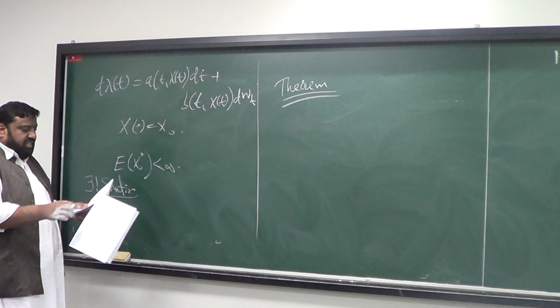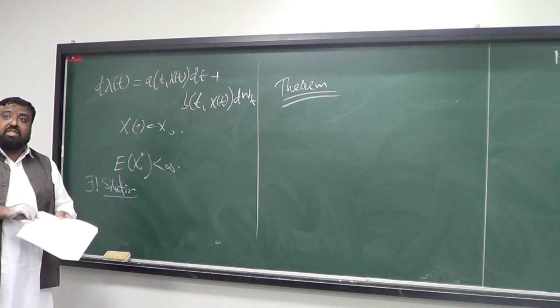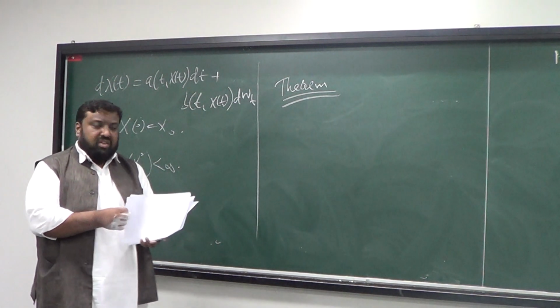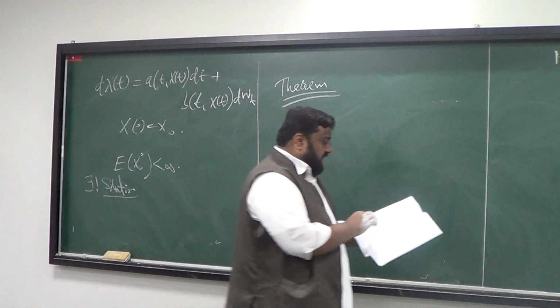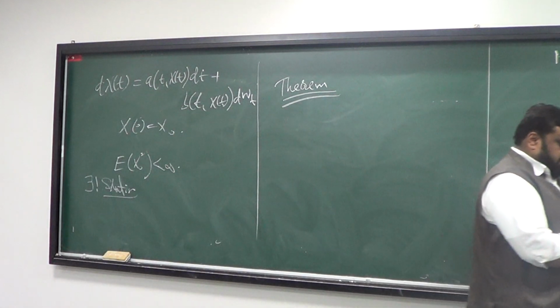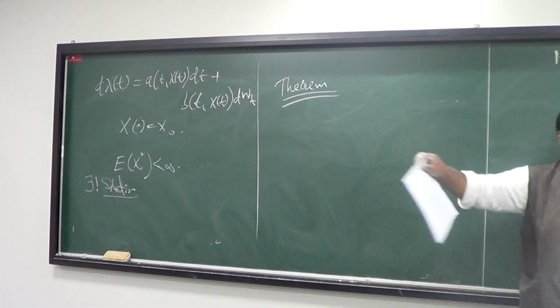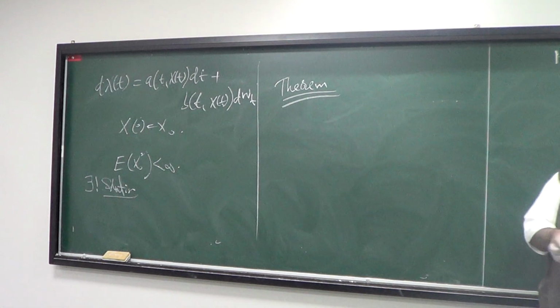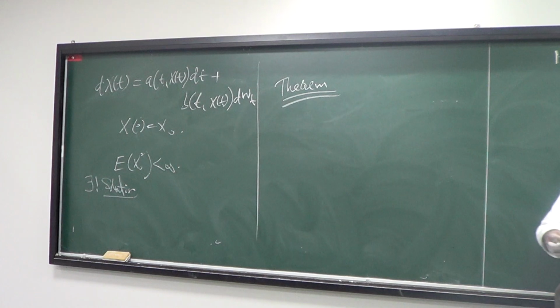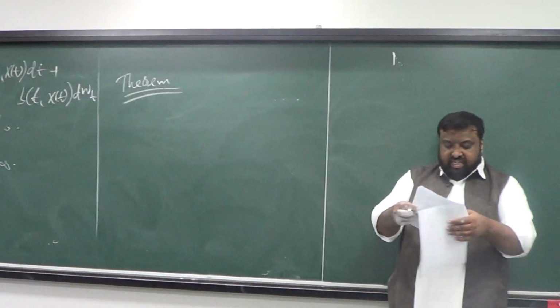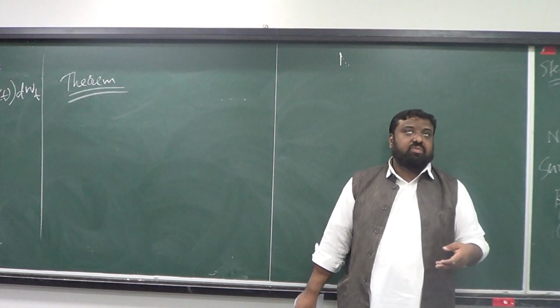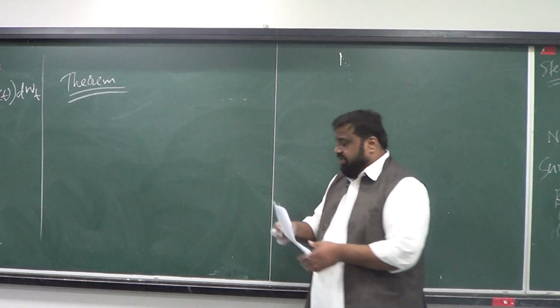This solution satisfies some uniform estimates actually. Okay? So in other words, it's always controllable actually. So it's not going to explode over time. So here is a, and its solution is also a Markov chain. Okay?